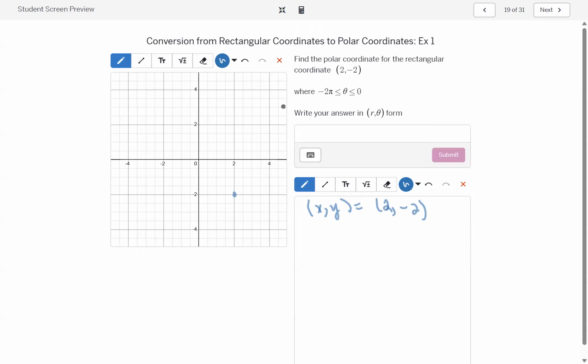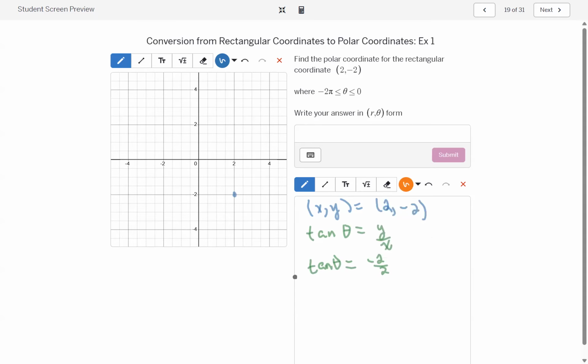So I got to figure out r and theta. So I'm going to start with theta. So we know the tangent of theta is y over x. Y is negative 2, x is 2.